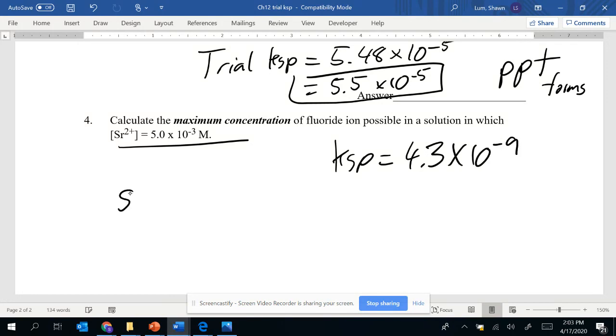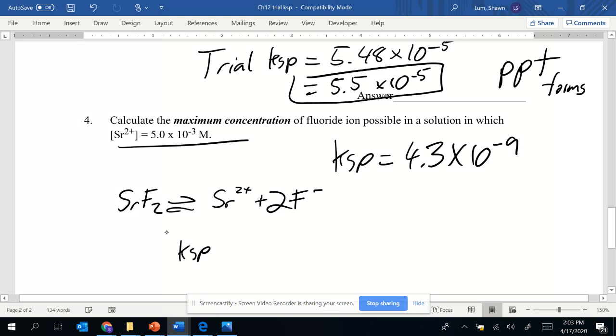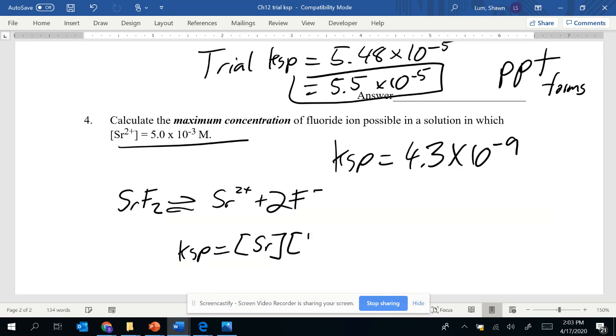Now, that's for SrF2, and that will be Sr2 plus and 2F minus. Okay, so the KSP expression is going to equal the concentration of Sr times the concentration of F minus squared. Okay, that is the tricky part right here. Now I'm going to plug in some of my numbers.